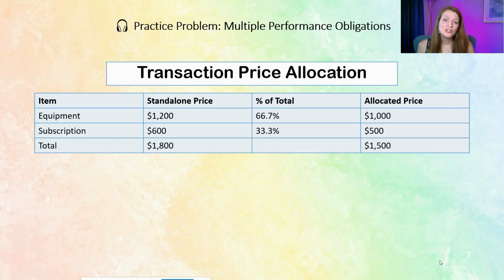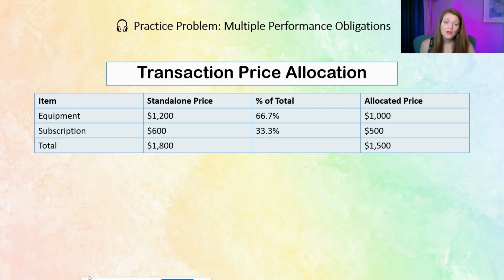So what we need to figure out is what percentage each of these obligations is of the total. We take the $1,200 for the equipment, divide it by the total, the $1,800, and that tells us the equipment is 67% of the total. Then we take the $600 subscription divided by the $1,800, and that tells us that 33% is the subscription.